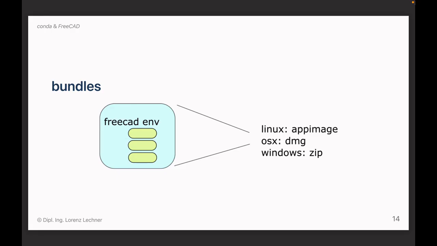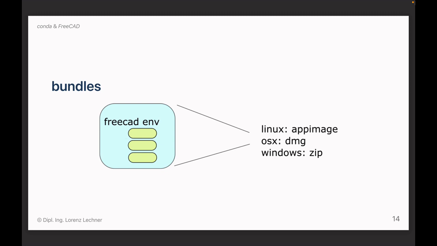So now, as I said in the first slide, I'm going to talk a little bit about bundles. Bundles are basically compressed files which include a full FreeCAD environment. For the bundles, we first create an environment where we install FreeCAD and all its dependencies, and then we use some scripts to bundle this environment into app images for Linux, DMGs for OS X, and zip files for Windows.